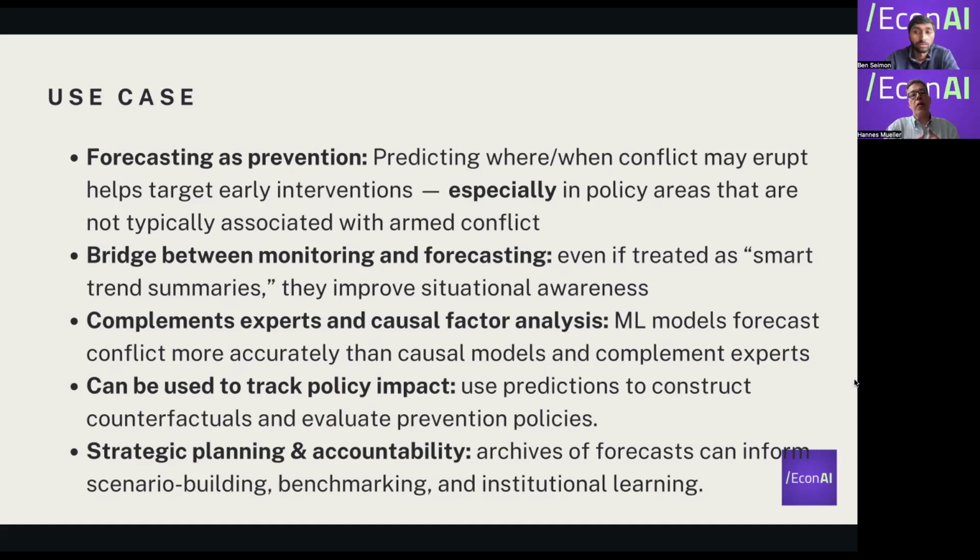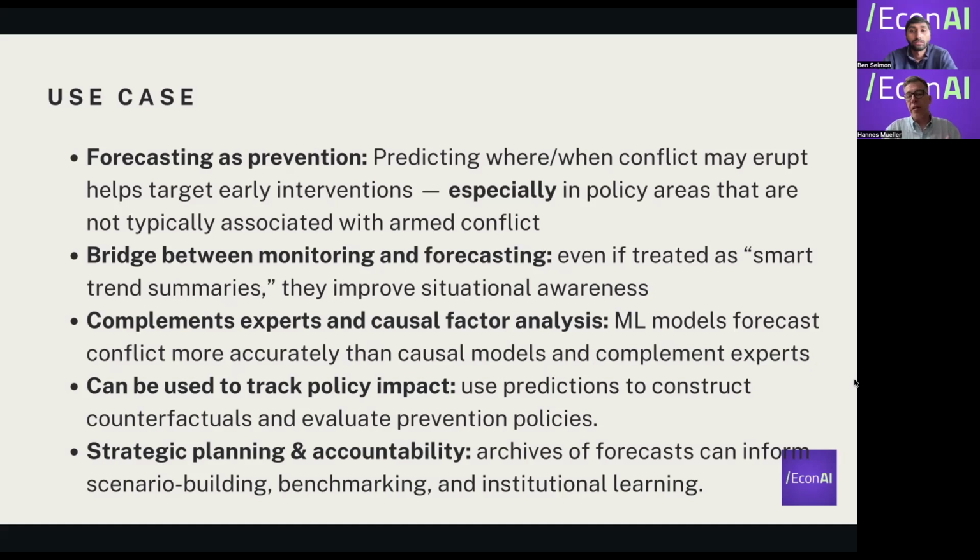So think of a forecast as a data summary of the election data, the population data, the news data, and the violence data, all bundled together into a single number to summarize the situation in your region, but also in neighboring regions, right? And I think this helps people working on the ground to get a quick overview of the situation on the ground.